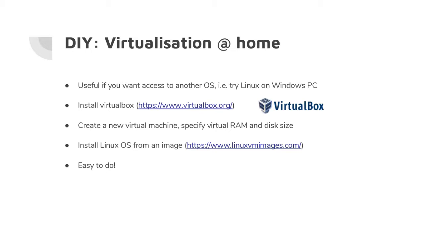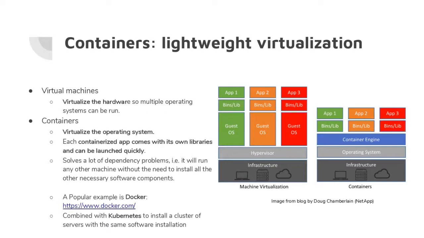And then you can install Linux from any image. Installation usually takes about 10 or 20 minutes. Or it can be a pre-installed image and then it immediately boots. That's also possible. And then you can try Linux on your own computer. So just wanted to point out that's something you can try at home.